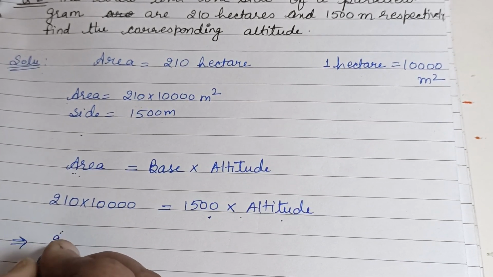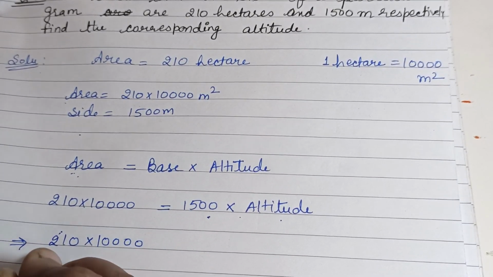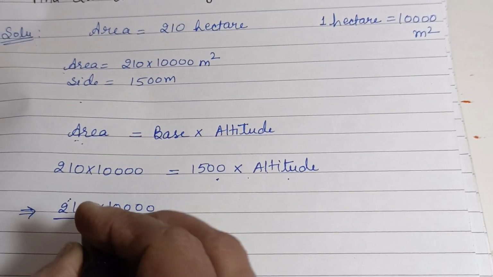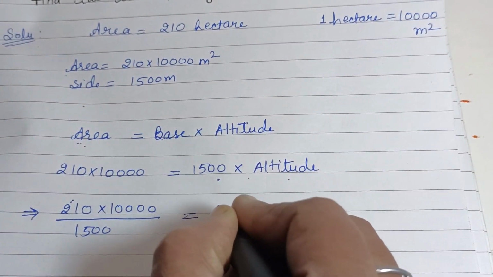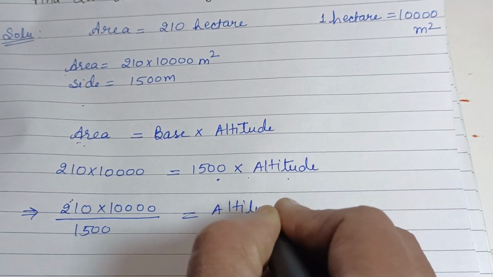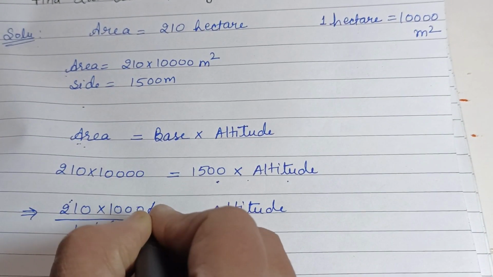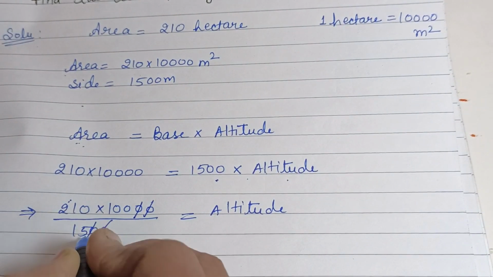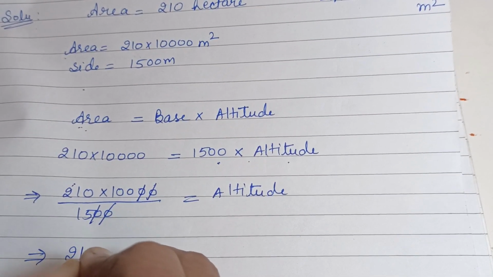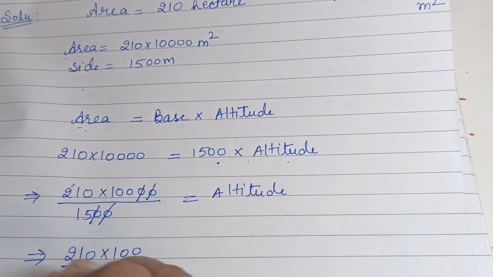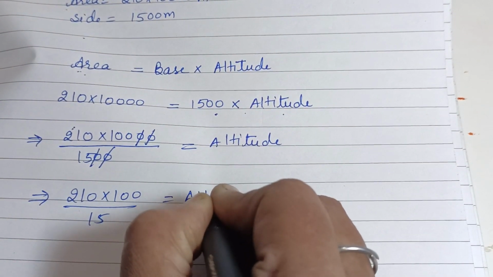Just copy down the left hand side as it is, because it will come in the numerator and 1500 will come in the denominator, and what is left on the right hand side is altitude. Now this 0 and this 0 will cut. Now what is left? 210 multiplied by 100 upon 15, which is equal to altitude.